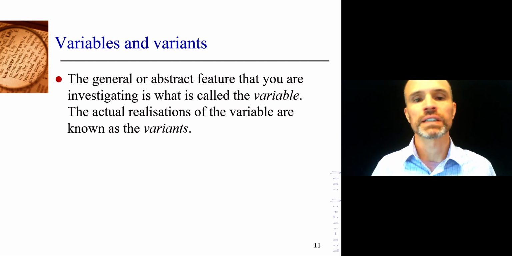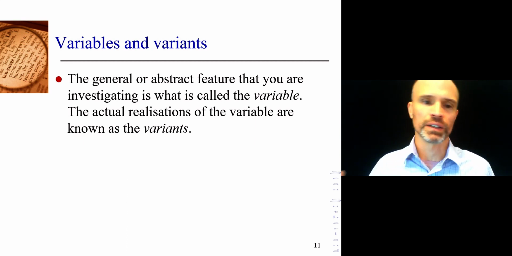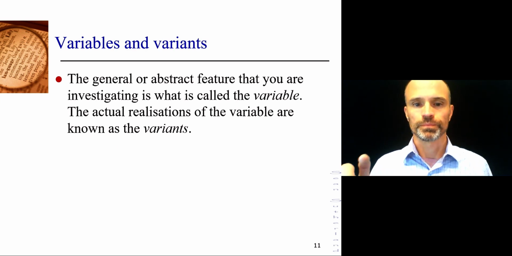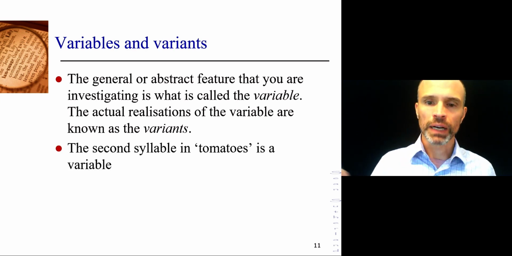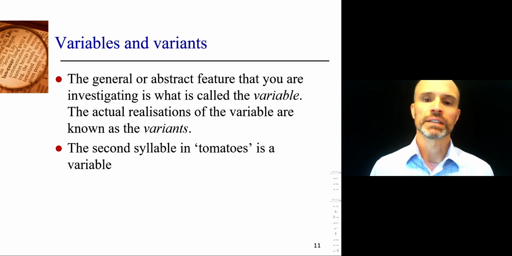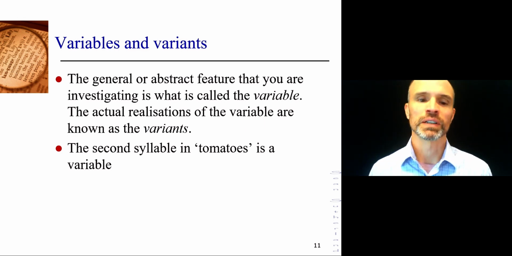And then you go into discussing why, right? Is it a formal situation? Is it because the person is Australian or from New Zealand or from Singapore or what have you, right? By now you should be able to use this to describe the second syllable in this word is a variable, right?